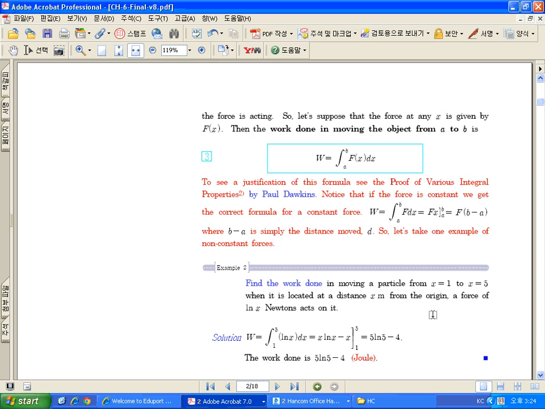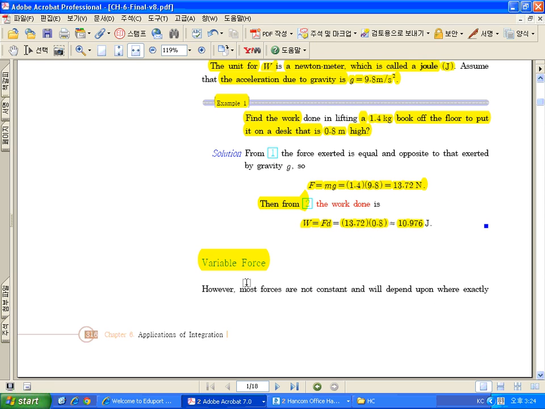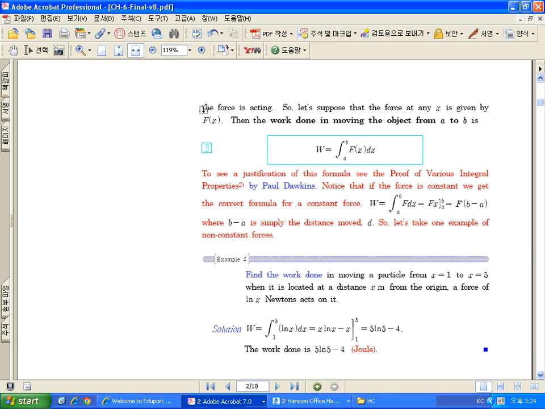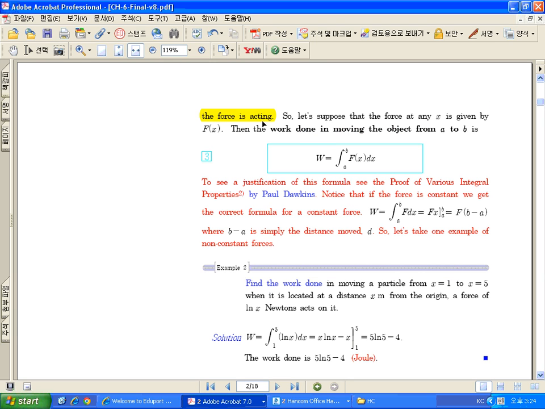Next, variable forces. However, most forces are not constant. Before, the acceleration was constant, but in most cases, the forces are not constant and will depend on where exactly the force is acting.